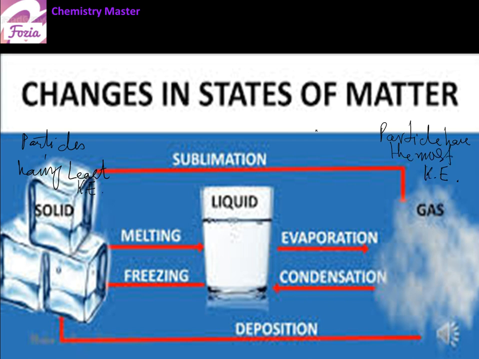And when we talk about the kinetic energy of the liquid state, the kinetic energy of liquid particles ranges between solid particles, the least, and gas particles, the highest. So they are ranging between solid and gases.